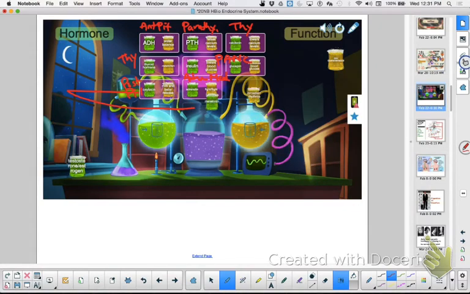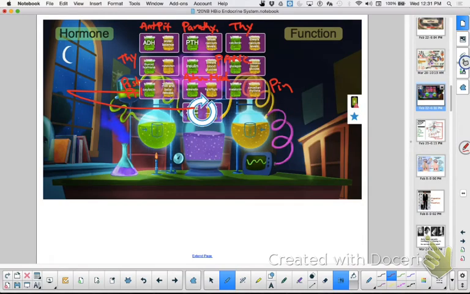Circadian rhythms. Who secretes that? Pineal gland. And that leaves us with testosterone and estrogen, and this is sex characteristics. Okay, tell your bio buddy, how do you feel about that? Did you nail it?